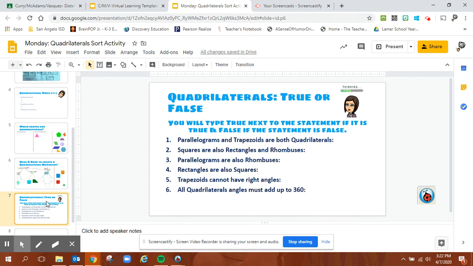Okay? On the last slide, it says quadrilateral true or false. You will type true next to the statement if it is true, and false next to the statement if it's false. If you just want to put T and F, that works for me. Okay? So all you're doing is reading through those statements, putting true or false.